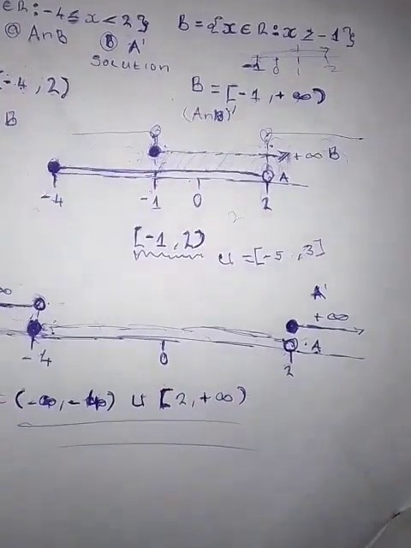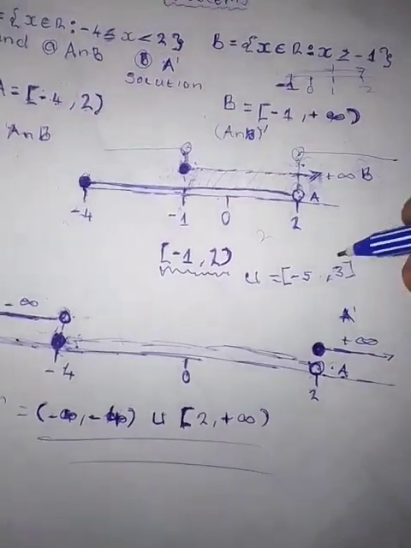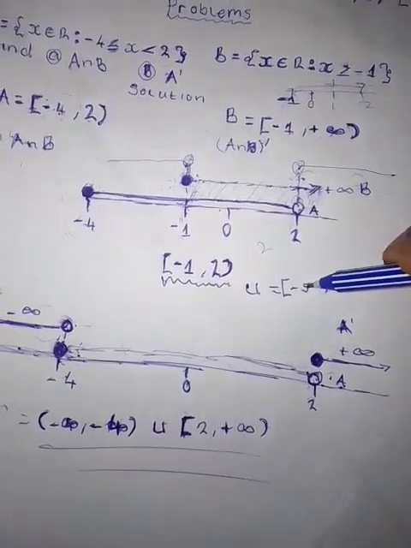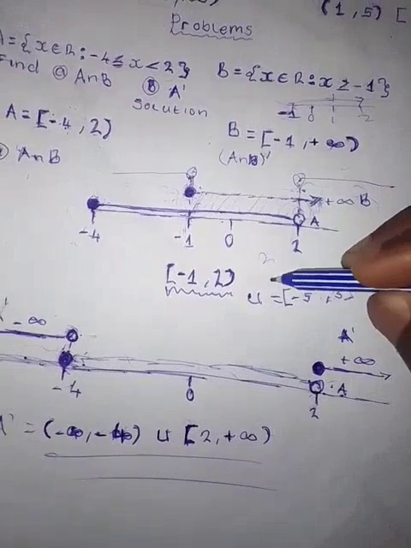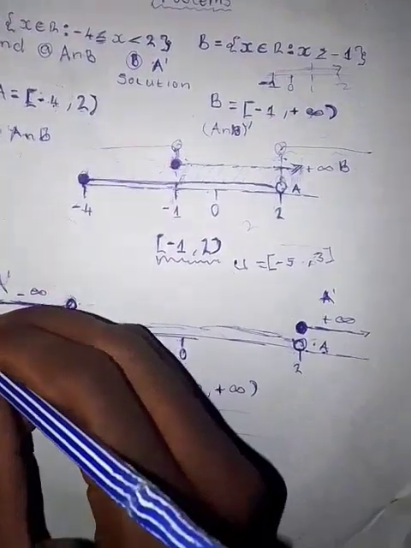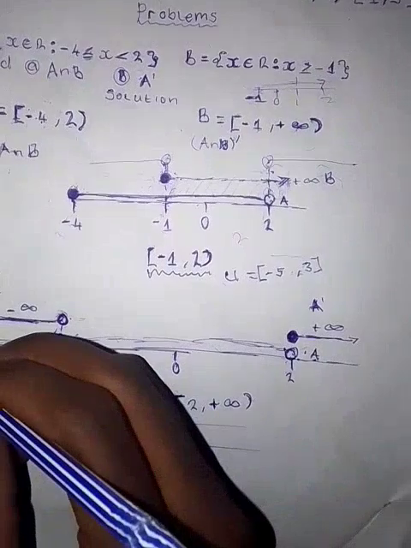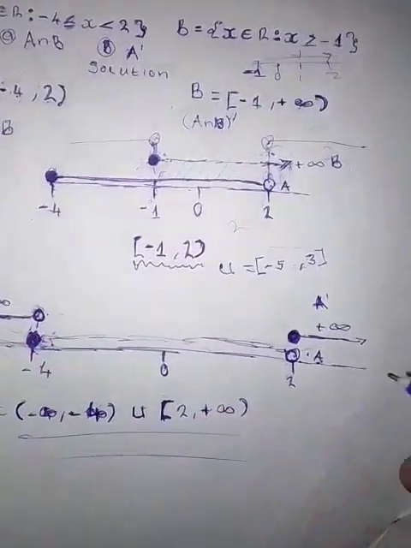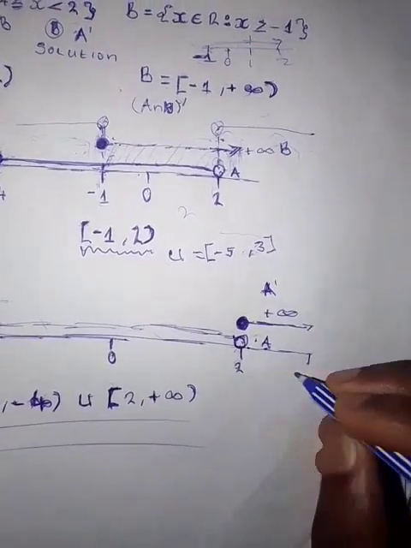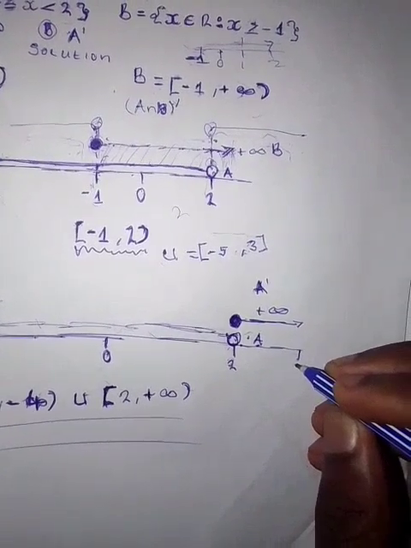Now if you're given a universal set, let's say there was -5, meaning that first of all we would have included it on the number line, so it would have been like this. Here, instead of ending at -4, we would have put -5, and here instead of ending at 2, we would have put positive 3.